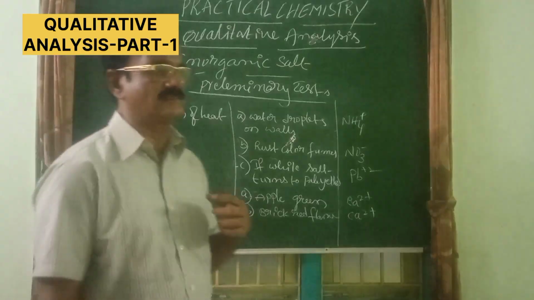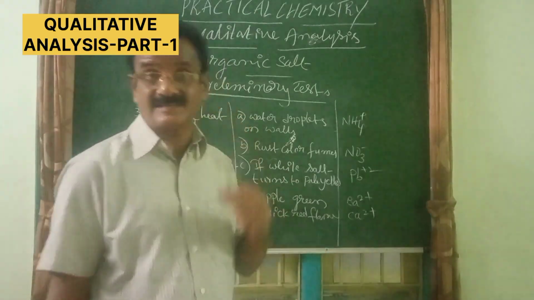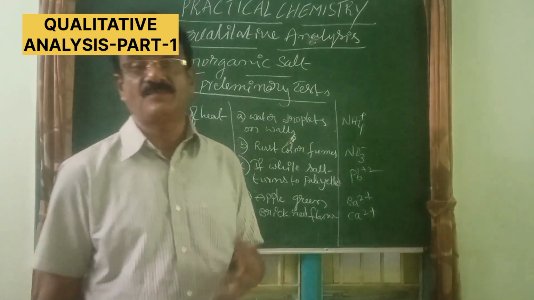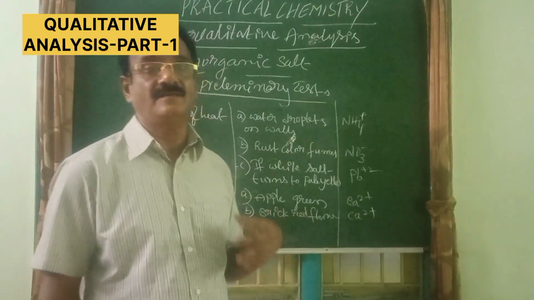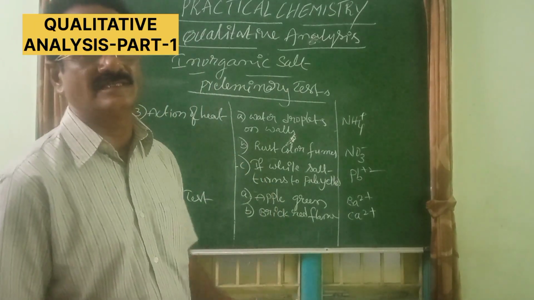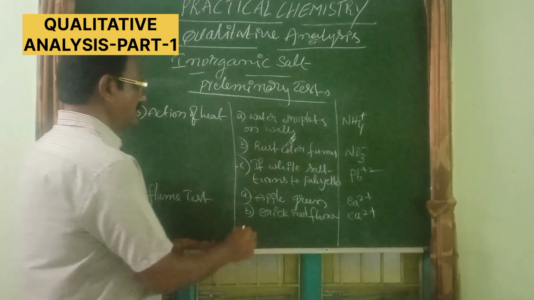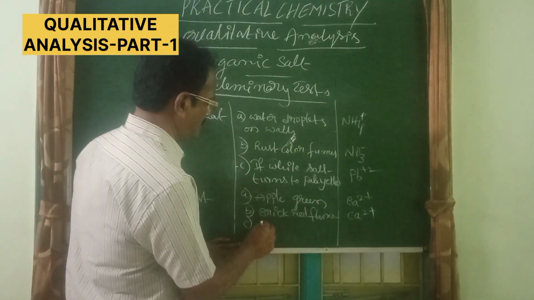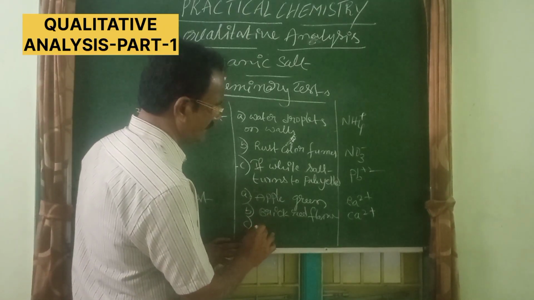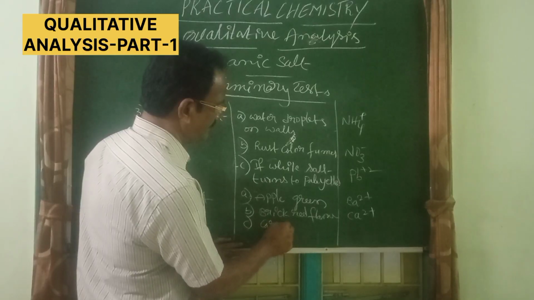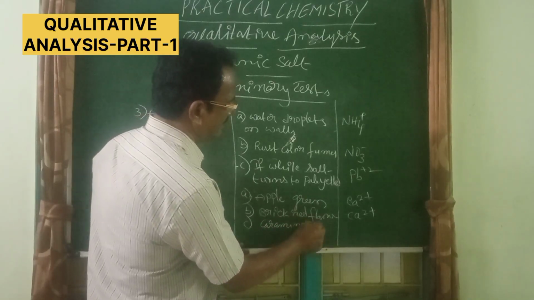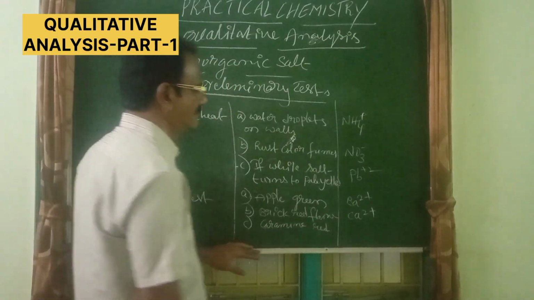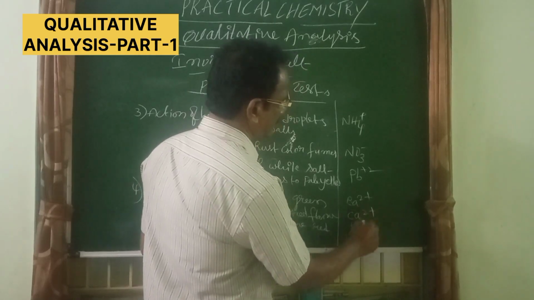If one has completed this test as perfectly as possible, the analysis of cations may be 50% completed in this test alone. See, if there is a carmine red flame, there may be K+.